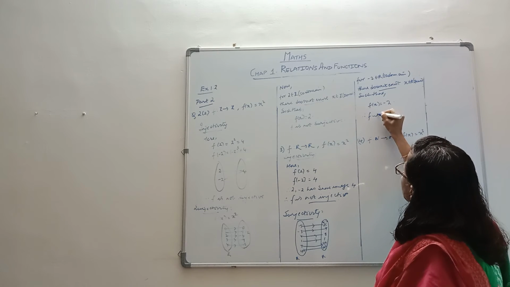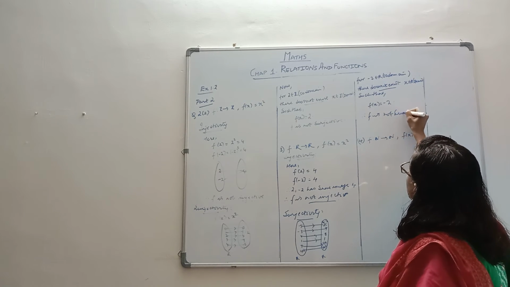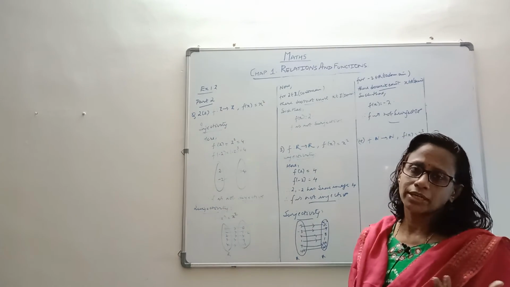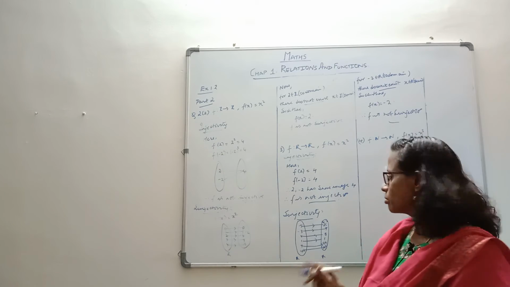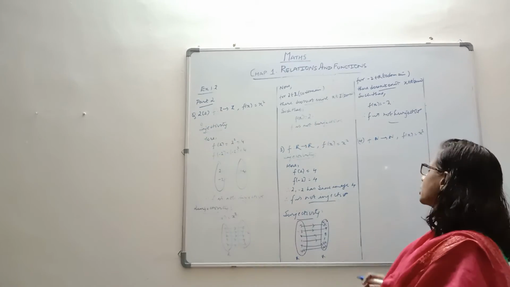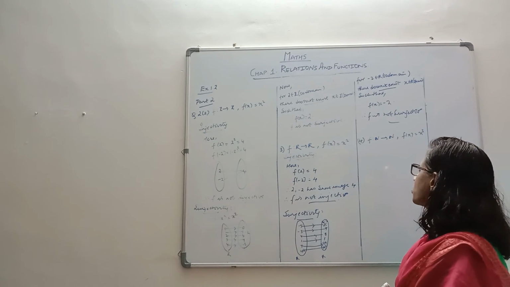So f is not surjective, right? Because we are not able to find its preimage. That's it. So there are some loose elements here. If loose elements are there, it will not be onto, right? That's about it.